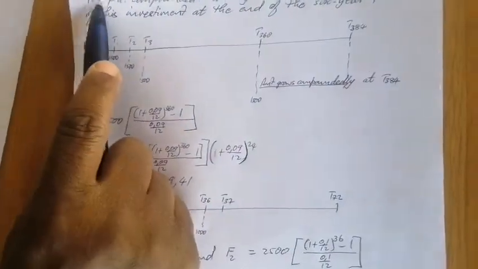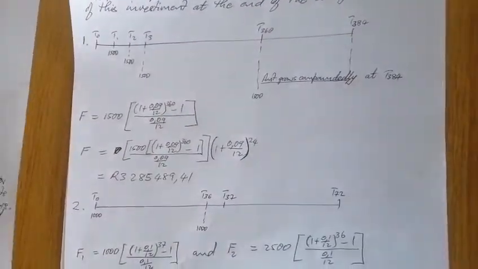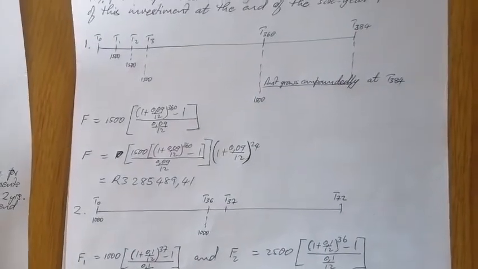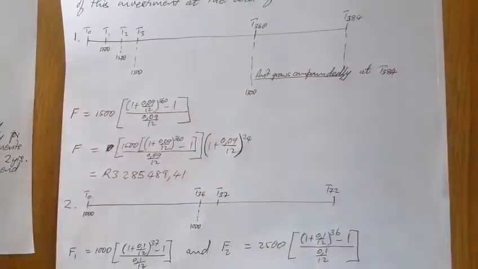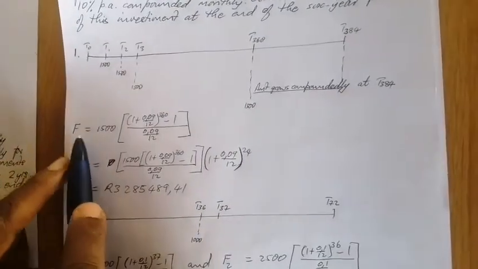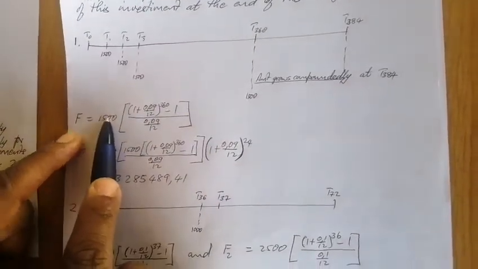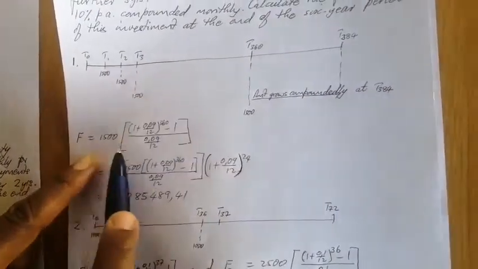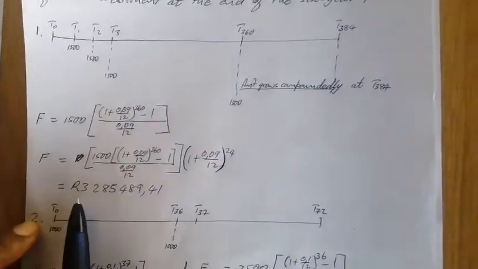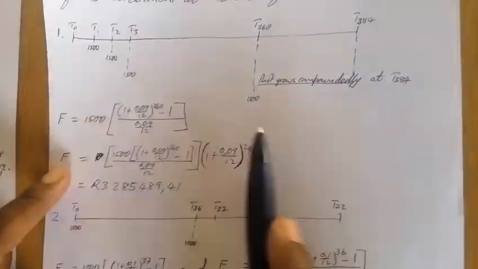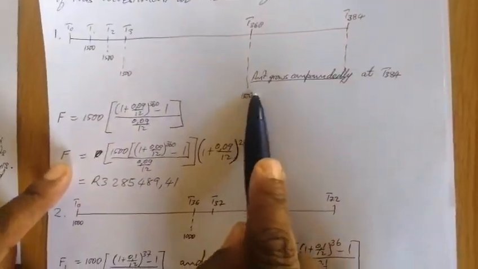And here it says 9% compounded monthly, so there are no changes to happen there. So for the future value, we have our installment and we know the formula. We substitute the other terms that we have.